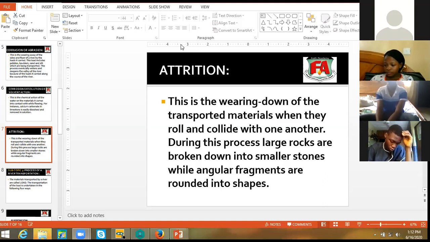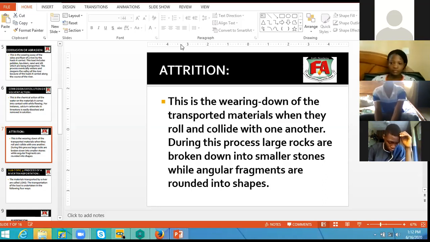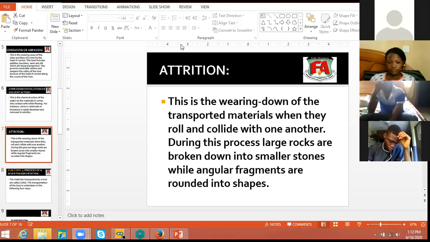I gave the example of an ice block. I said if you have ice cubes in a cup and you decide to turn and overturn them continuously from one cup to another, the size of the ice cube tends to reduce. That is attrition because they are rubbing on each other.